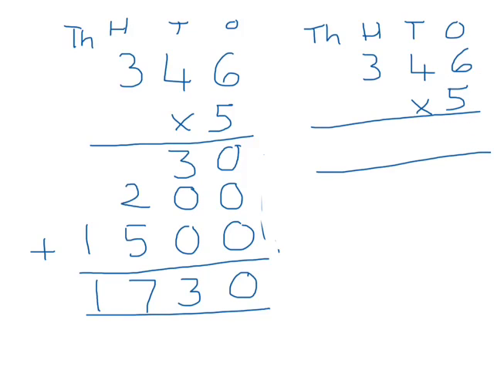Now here comes the change. Instead of writing all my answers down under each other, I'm going to put my 0 there for the 30, but I'm not finished with the tens house, so I'm going to put my 3 under the line until I'm finished multiplying the other tens.